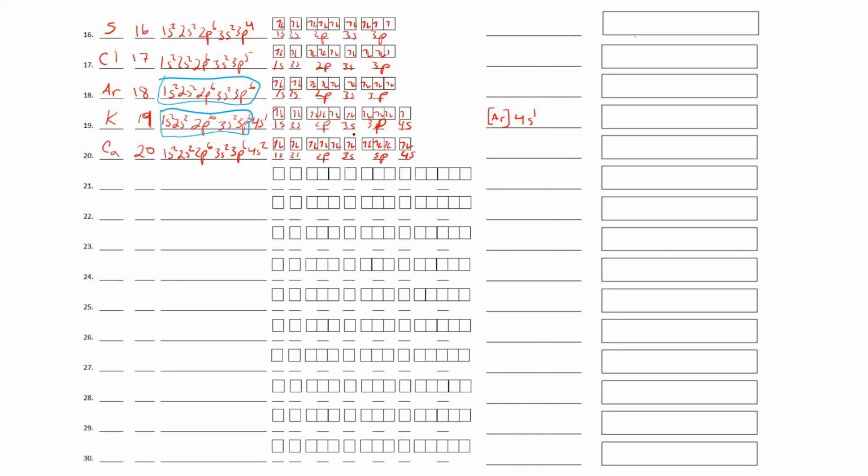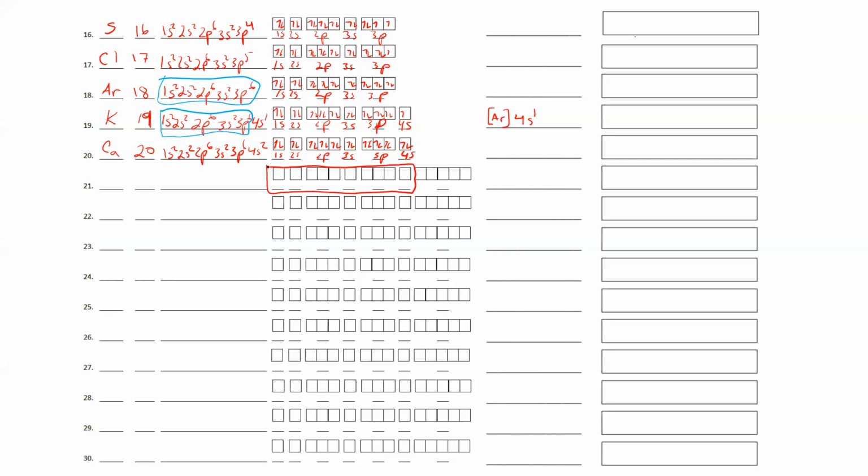What we'll do here for the next part, the transition metals, is we're going to write down just abbreviated electron configurations. And what I want you to notice is that for all of these, all of the core electrons would be here. Those are all going to be filled for every one of these.